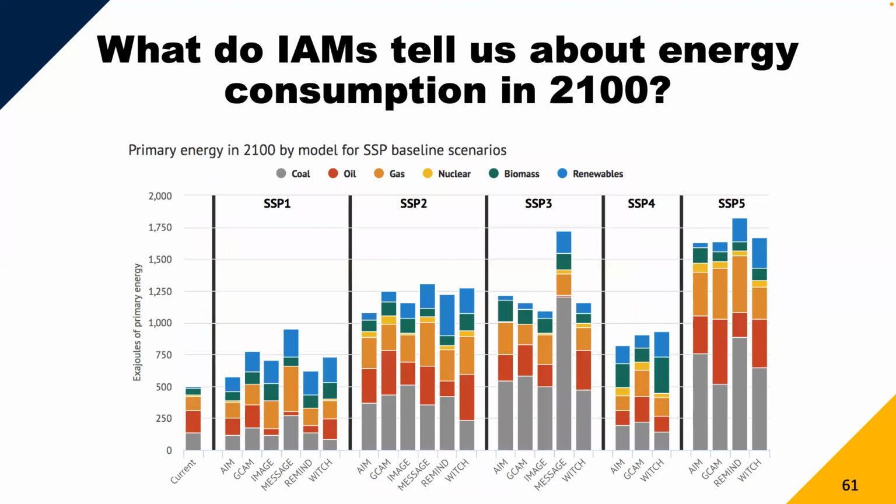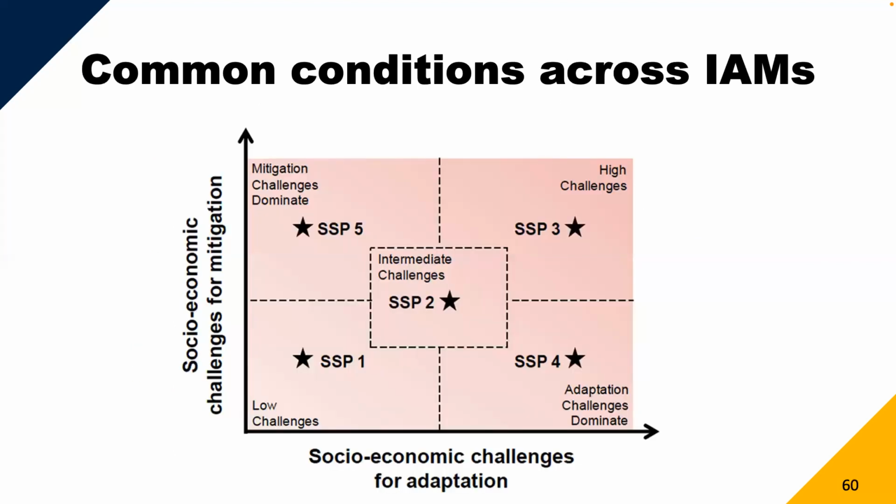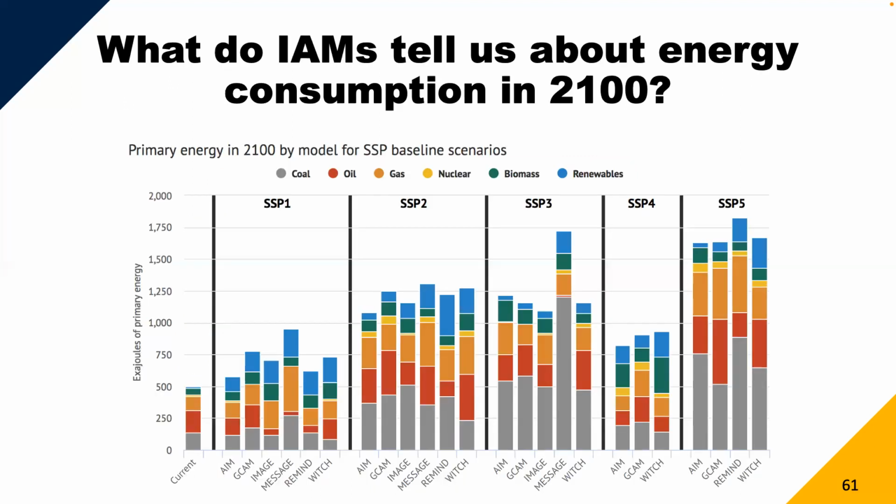What do the integrated assessment models tell us about energy consumption? So this is our current energy consumption, and this is broken down by primary fuel types today. And if I want to have this SSP1, which is sort of the lowest, right, then the consumption has to stay fairly low out into the future.